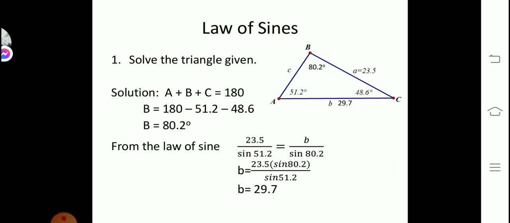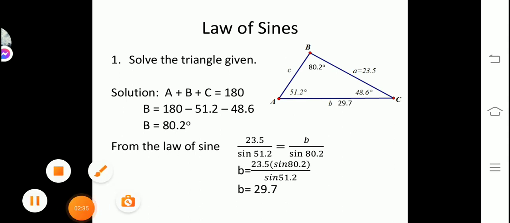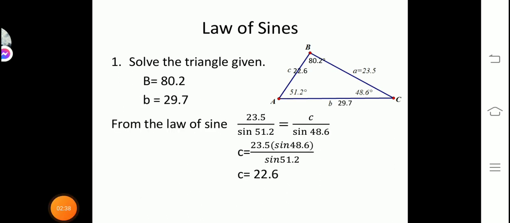From the law of sine, 23.5 over sin 51.2 equals b over sin 80.2. So b equals 23.5 times sin 80.2 over sin 51.2. The answer is b equals 29.7.